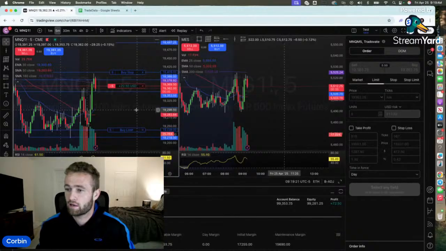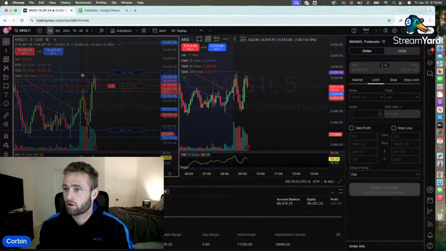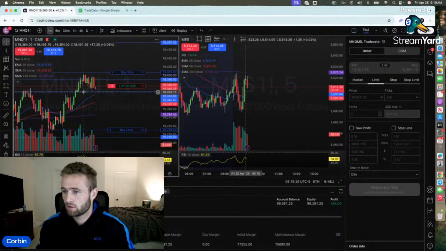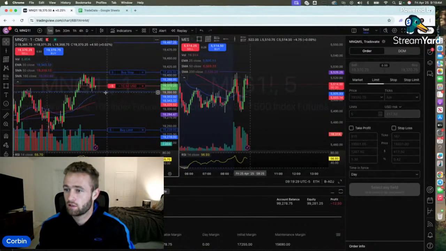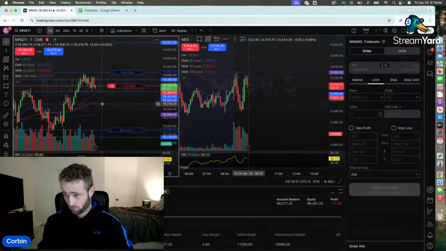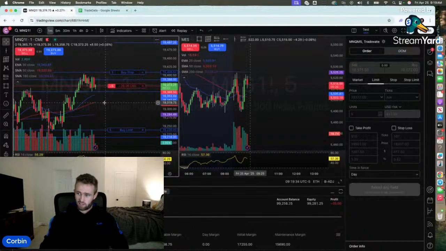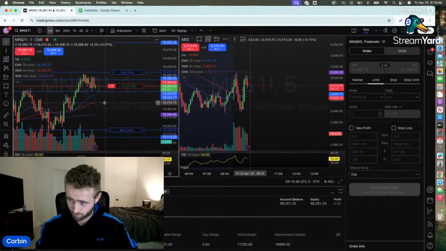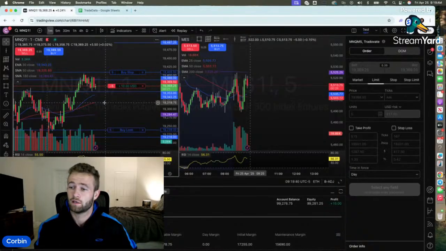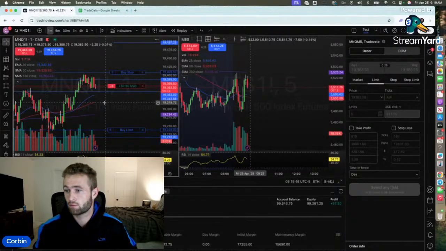But when I say going in my favor, not only do I want to see a break of structure to the downside, but I want to see some kind of other continuation confluence, a change in trend, or not change in trend, but break of structure.